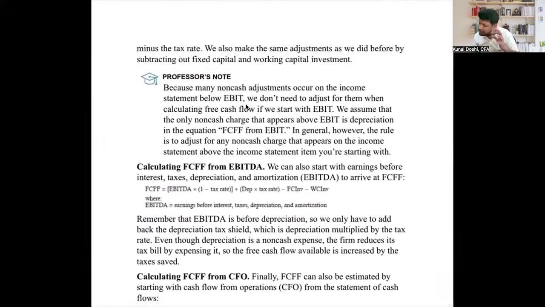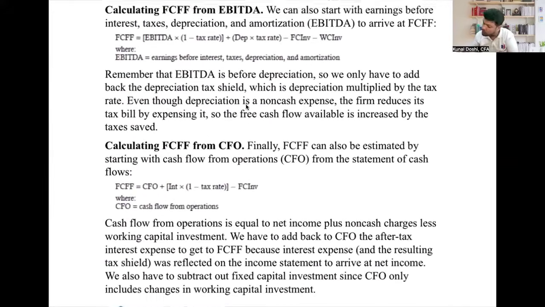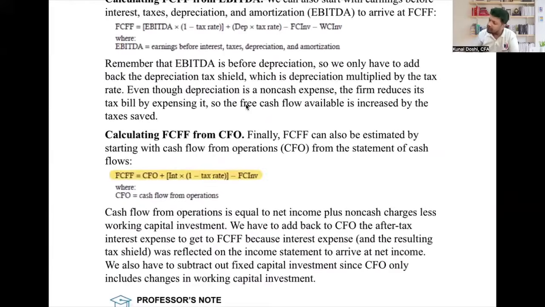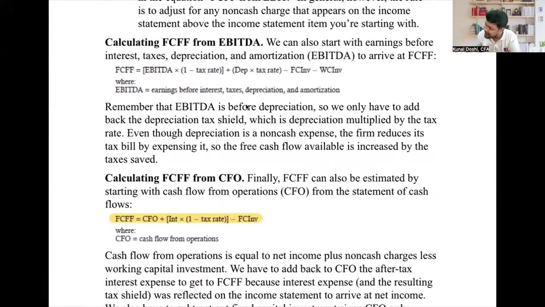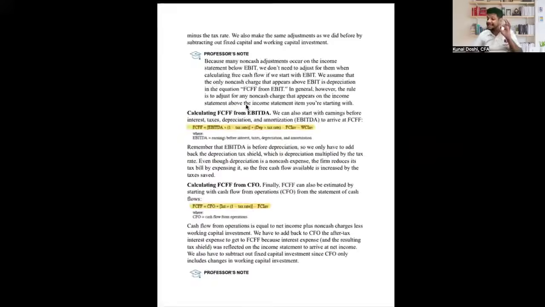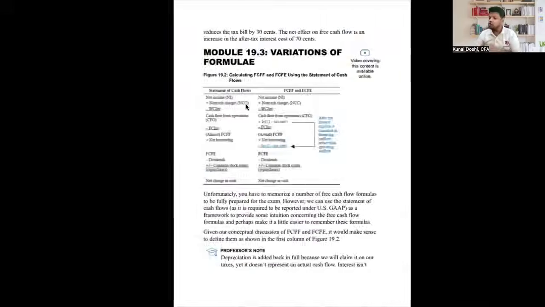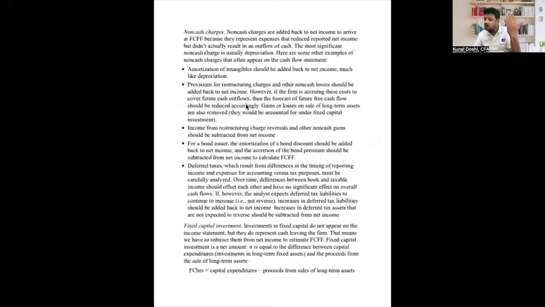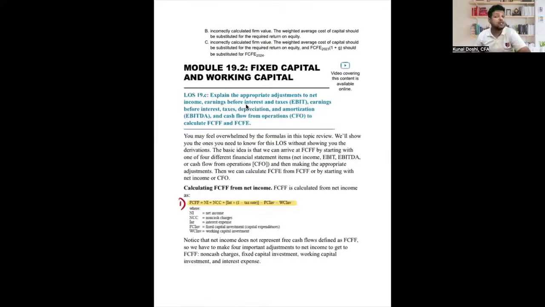And then there is the operating cash flow or CFO approach also. So there is a CFO based approach, there is an EBITDA based approach to derive FCFF. So FCFF has more than one way through which you can derive it. All of these approaches we will see: net income, operating profit, EBITDA, and operating cash flow.